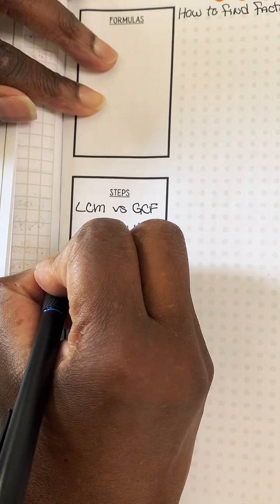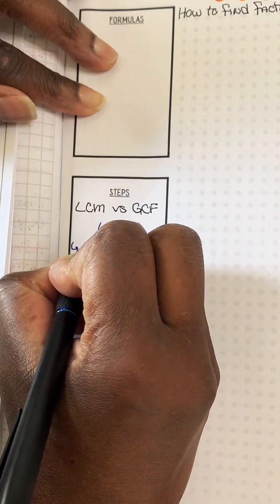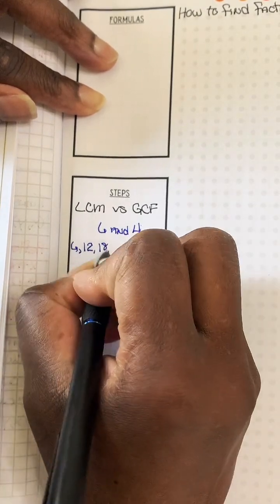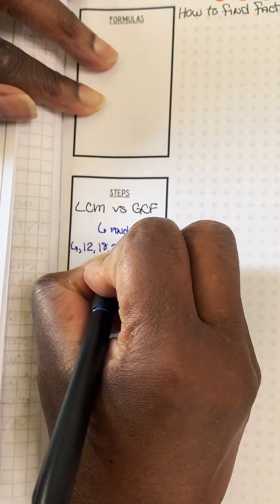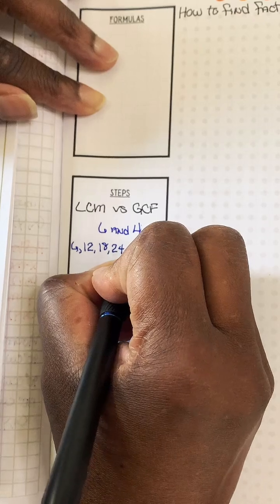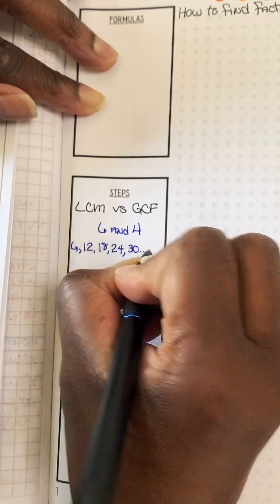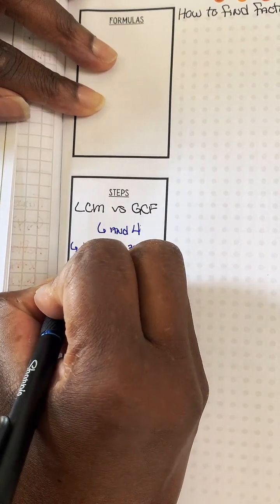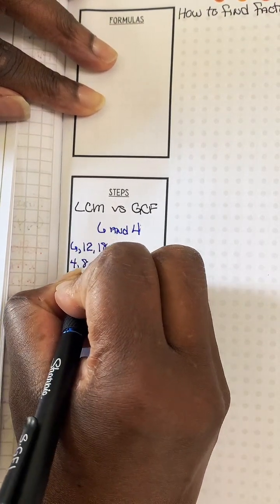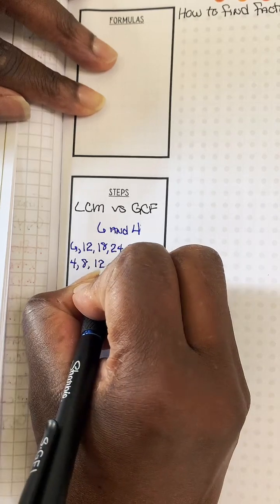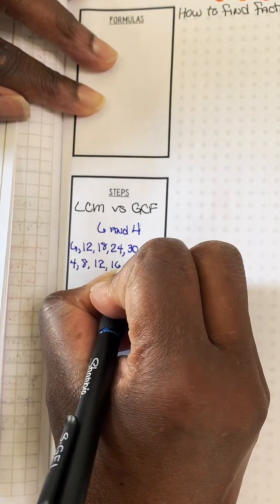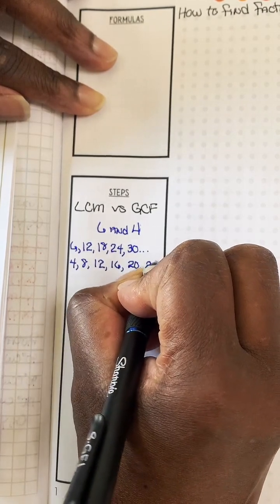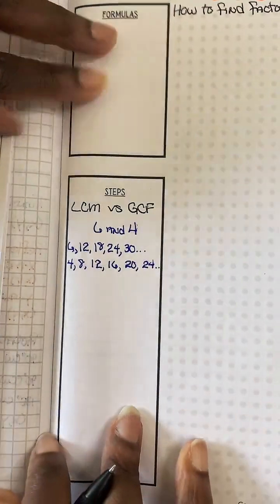So the 6 times table, we have our 6, we have our 12, we have our 18, here we got our 24, and we got our 30. And we can keep going. For the 4 times tables, we have 4, 8, 12, 16, 20, 24, and it keeps going.